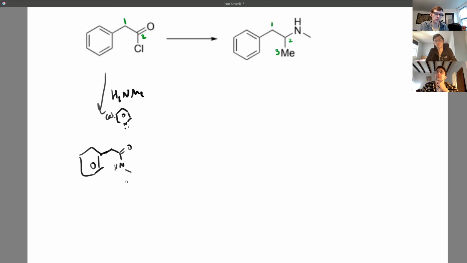So if we did MgBr-CH3, that would be the alcohol and a methyl group there, right? I think if you use the Grignard reagent on this, the amine would come off. Yeah, it probably would, or it would just get kind of messy.